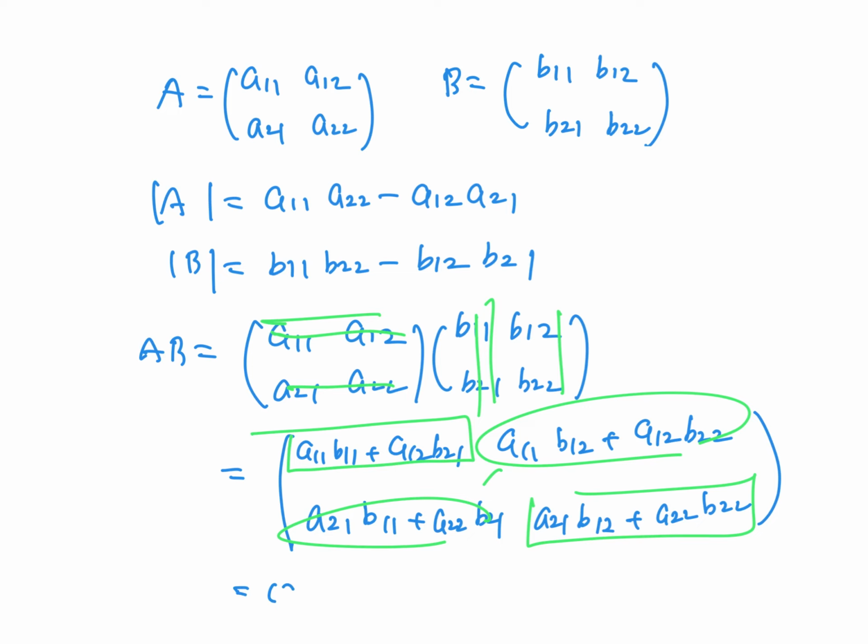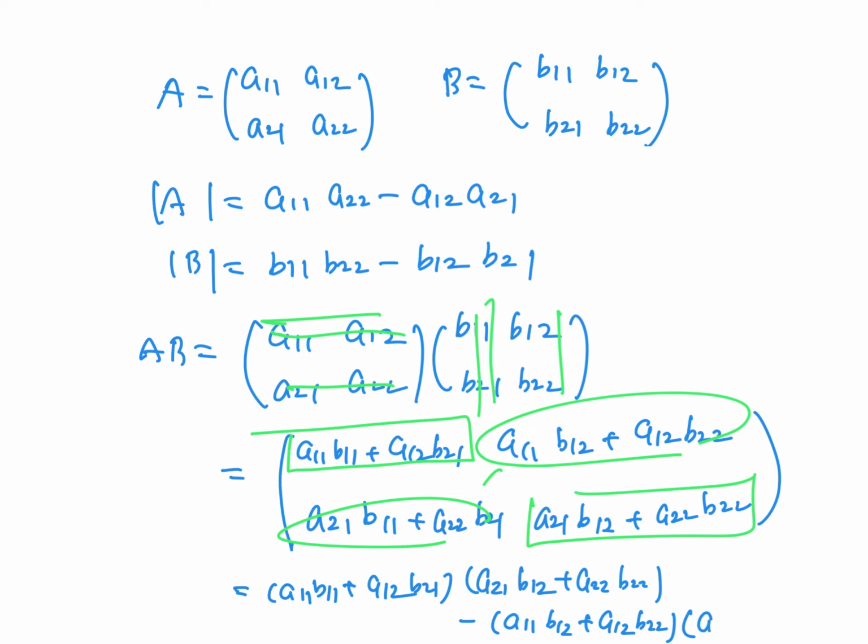So A11, B11 plus A12, B21 times A21, B12, A22, B22 minus A11, B12, A12, B22 times A21, B11, A22, B21.